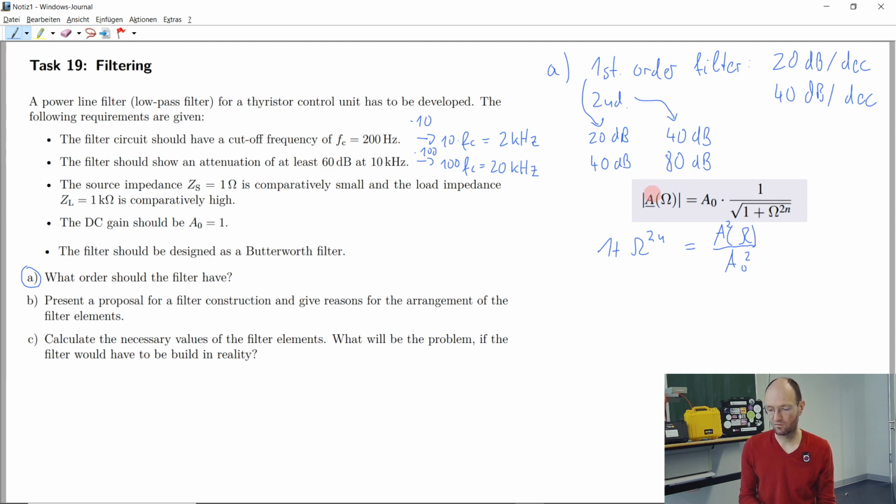If we bring this to the top, we need to divide by this, exactly the other way around. So it will be A0 squared divided by A of omega squared. Okay. And so then we need to get rid of this 1. So we say, okay, minus 1. And then we need to get this exponent. So how do we get this exponent?